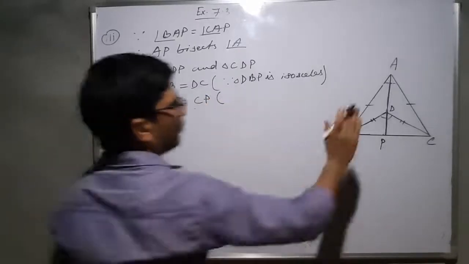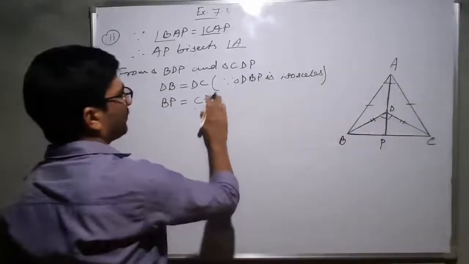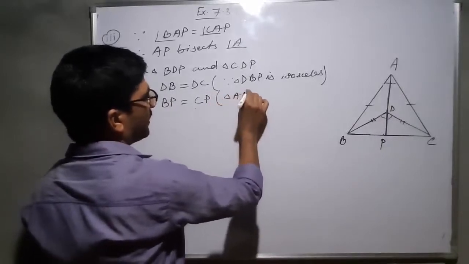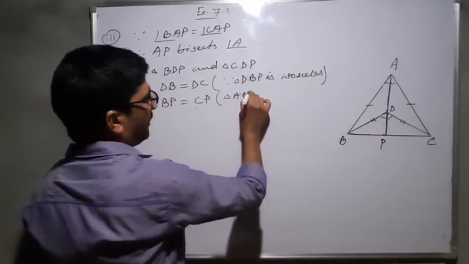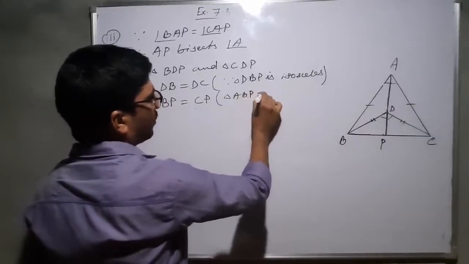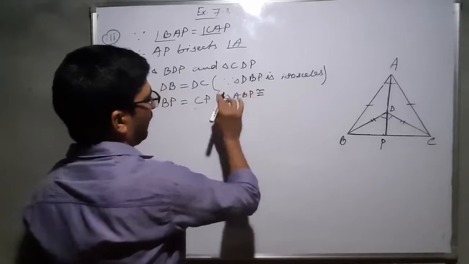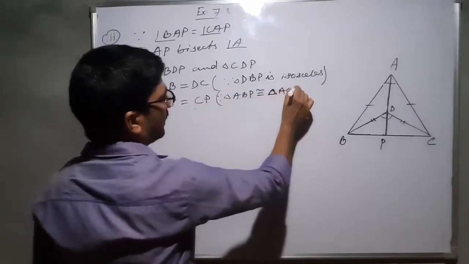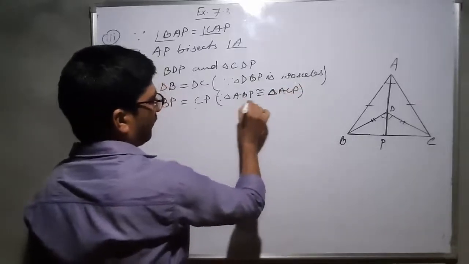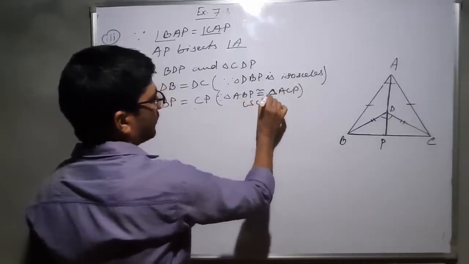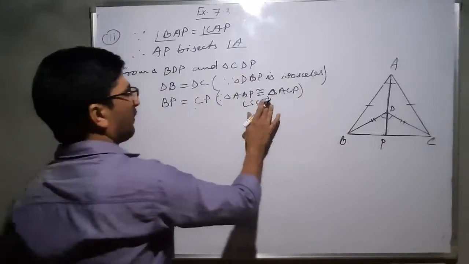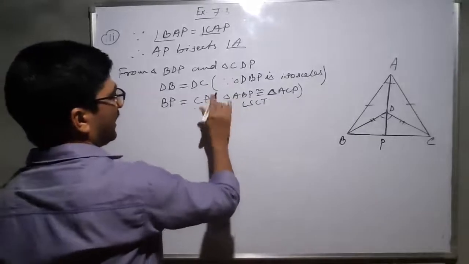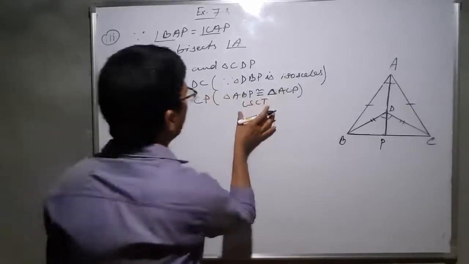Since these two bigger triangles are congruent, therefore from their CSCT. Which two triangles? Triangle ABP congruent to triangle ACP. You can write CSCT, no problem. Directly you can write CSCT, no problem for me, but I prefer to write exactly from these two triangles.